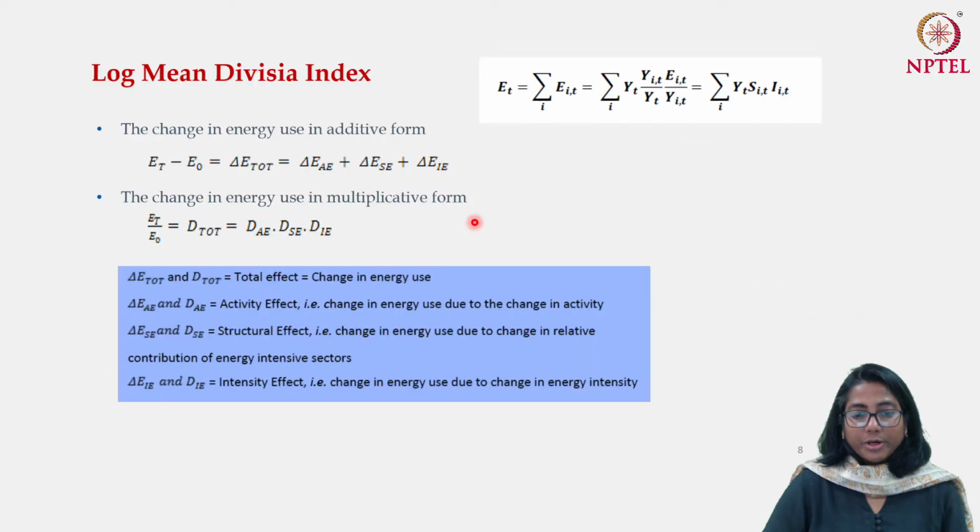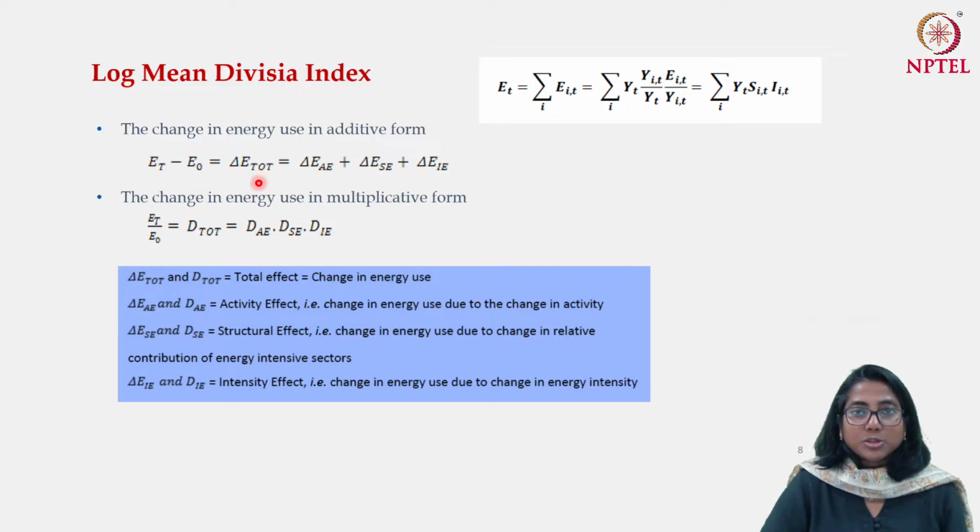In the next step, we want to analyze the change in energy demand. We don't want only to break up the energy demand at a particular point of time, but what we essentially want is to understand the change in the energy demand over a period of time from T0 to T equal to capital T. This is captured as ET minus E0, which is equal to delta TOT.